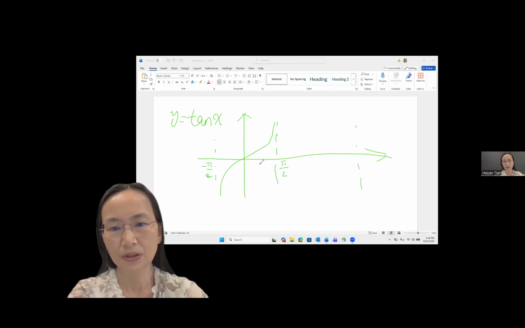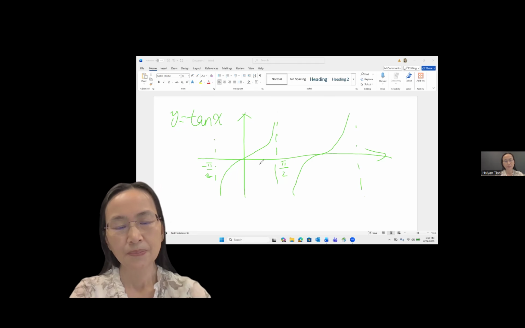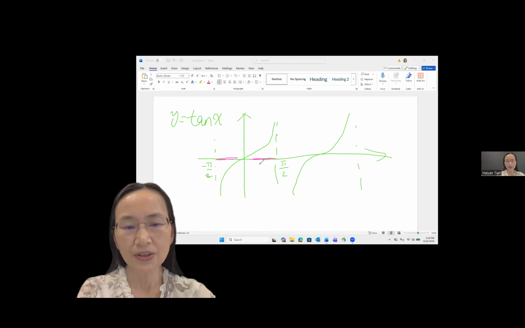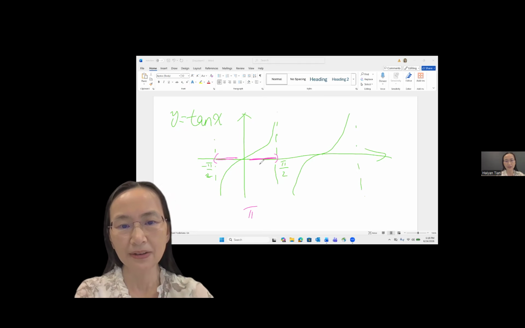So this is increasing. As you can see, the length of this interval is pi, from negative half of pi to positive half of pi. So the period is pi. The interval has a length of pi.